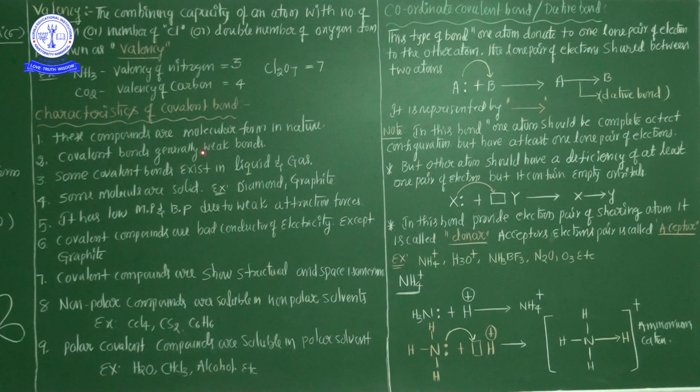Now the important part is the characteristics of covalent bonds. If a molecule shows a covalent bond, what characteristics does it have? For 4-mark questions, the characteristics of covalent bonds are very, very important. The first point: only non-metals are involved in the covalent bond. That is the most important point.